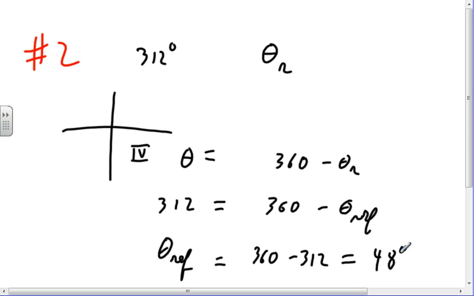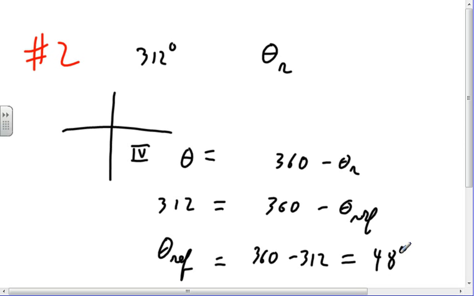So if I take the cosine of 48 and I take the cosine of 312, I best get the same number. Cosine 48 minus cosine 312, it best be 0.